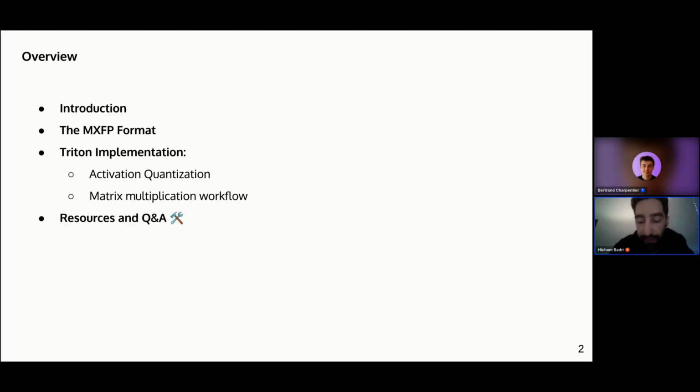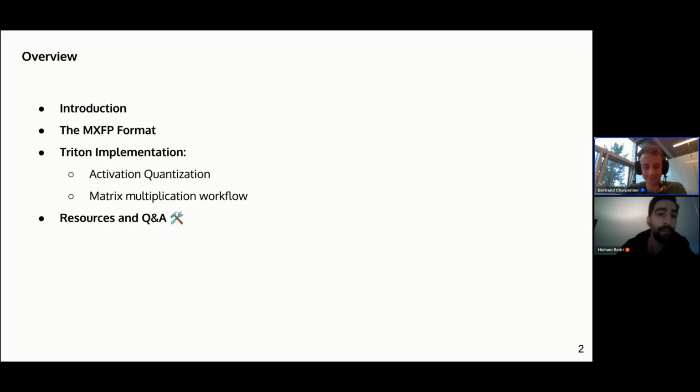I'm going to talk about activation quantization in Triton because it's very important to have good activation quantization kernels when you're working with MXFP quantization. Then we're going to talk about matrix multiplication in Triton using MXFP, and obviously we're going to finish with Q&A. Please stop me if you have any question. I cannot see anything in the chat, so Bertrand, if there's a question, can you please stop me and we can address that?